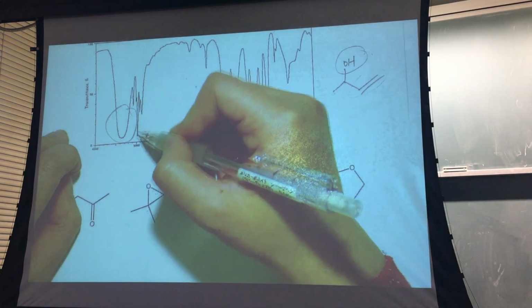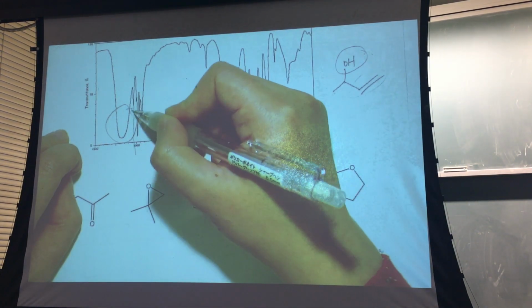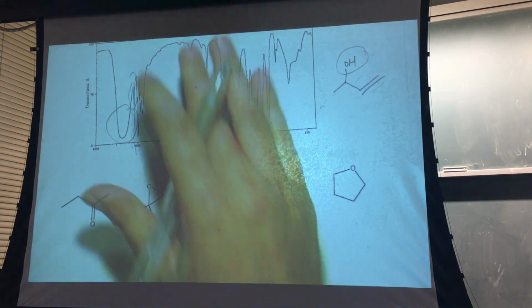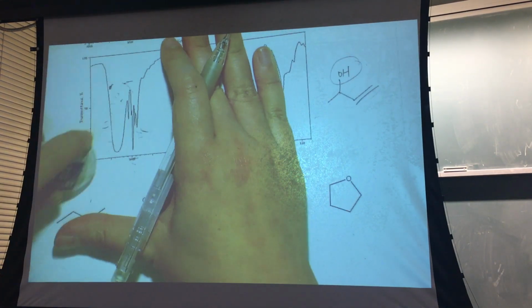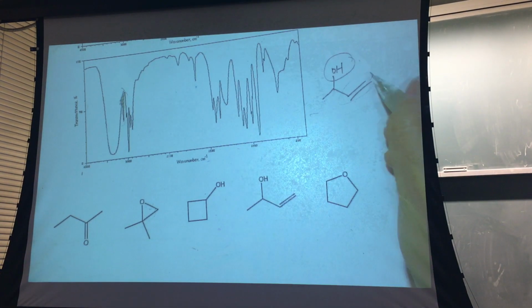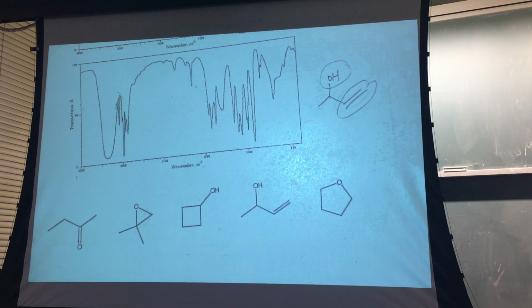We say it's going to be about 3,000 and a little bit higher. So this is the sp2.